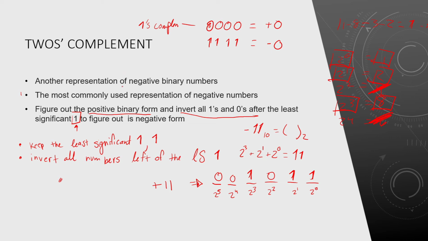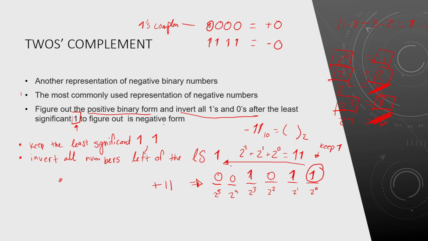Like I said, keep the least significant 1 as 1. What is the least significant 1? This. Keep it 1. And we're going to invert all numbers left of that.